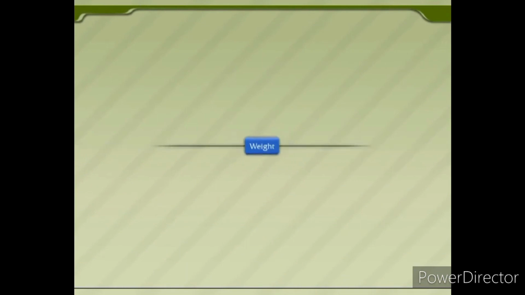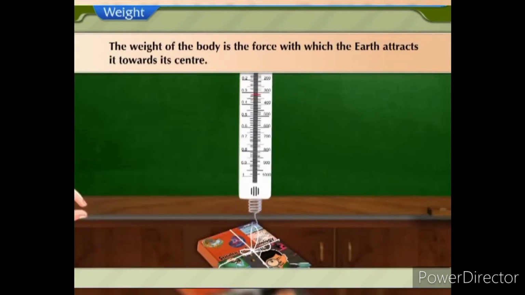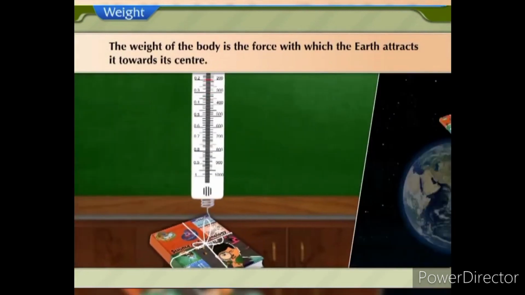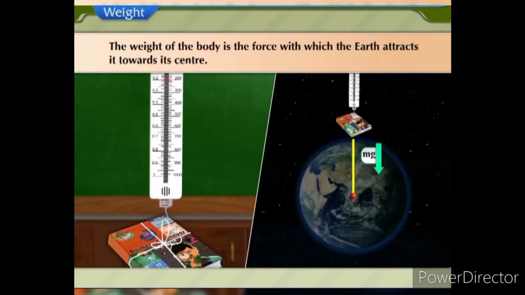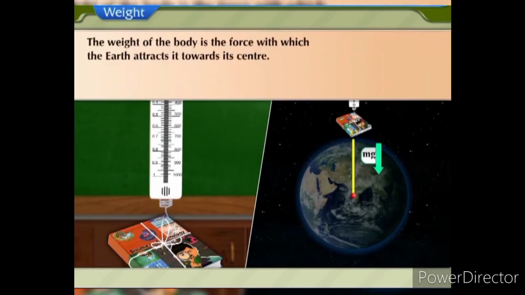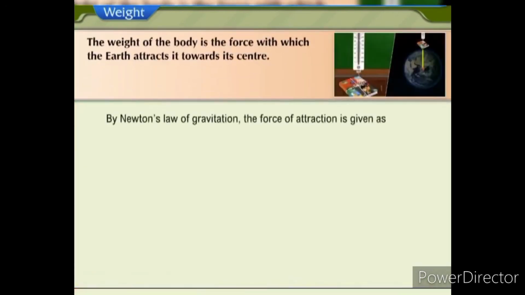Weight. The weight of the body is the force with which the earth attracts it towards the center. By Newton's law of gravitation, the force of attraction is given as F is equal to G into capital M, small m, upon R square is equal to mg.